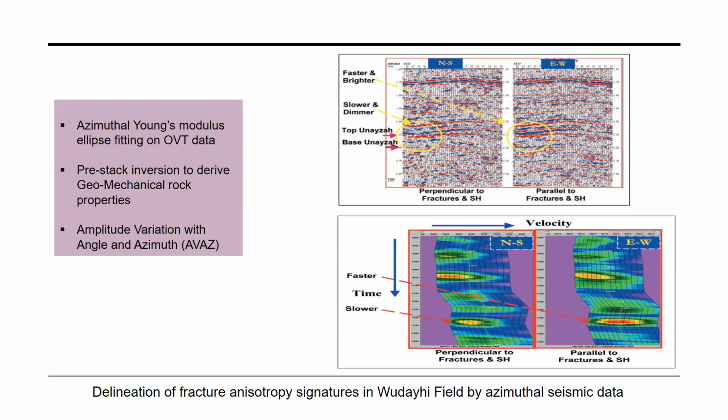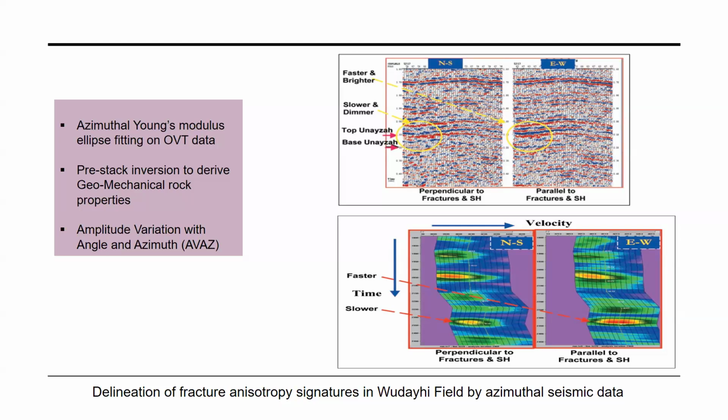One of them is azimuthal Young's modulus ellipse fitting on OVT data, where OVT is a kind of vertical traces of particular far angle azimuths.